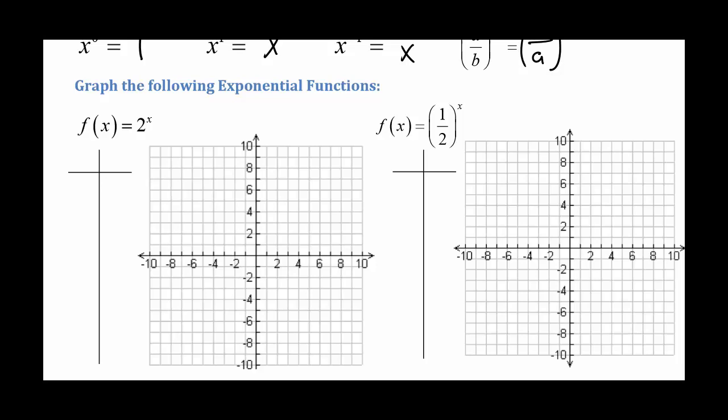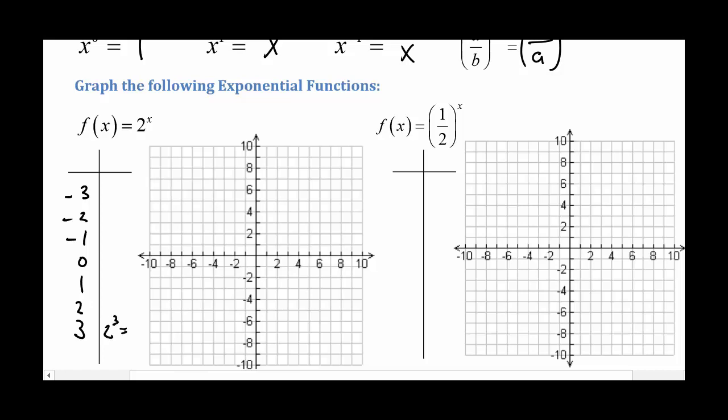Okay, so let's actually take a look at a graph of just a basic exponential. I'm just going to come up with a couple of numbers here: -3, -2, -1, 0, 1, 2, and 3. So we'll translate that.